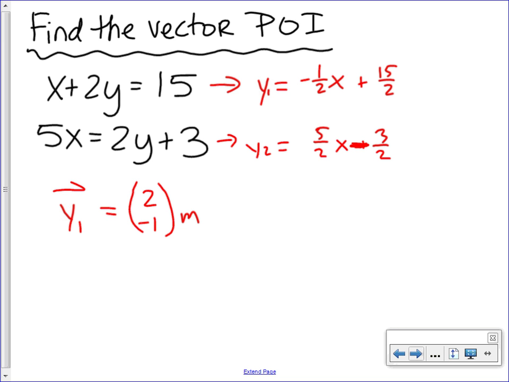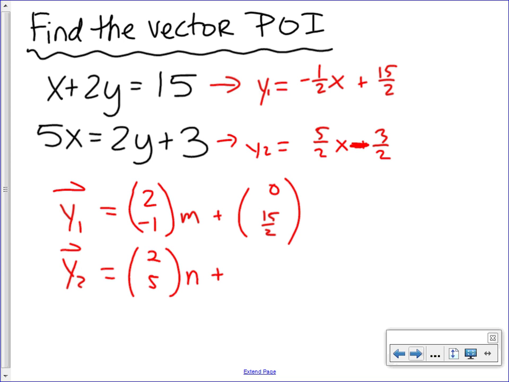That's all. Plus 0, 15 over 2. And y2: 2, 5n plus 0, -3 over 2. Now what?